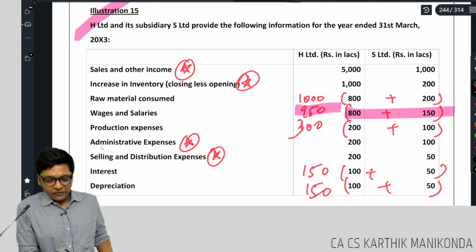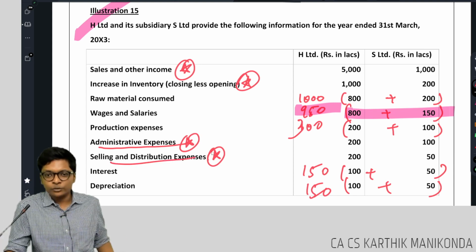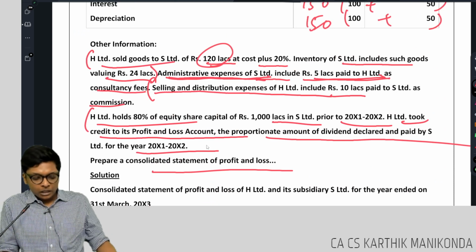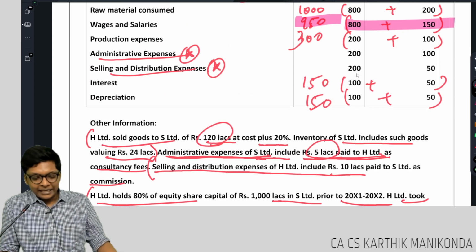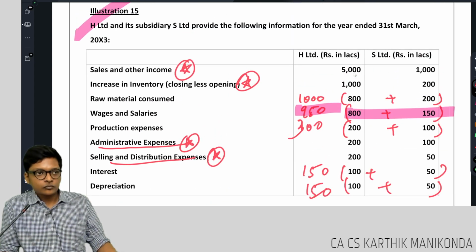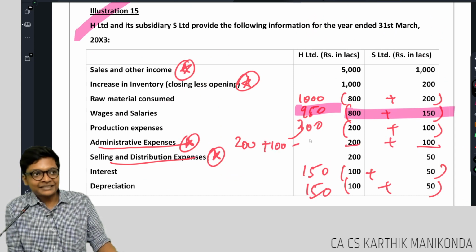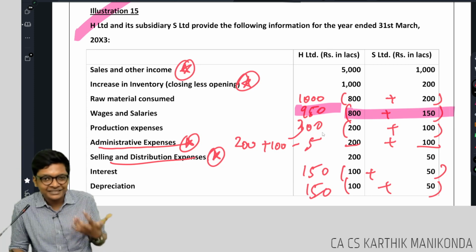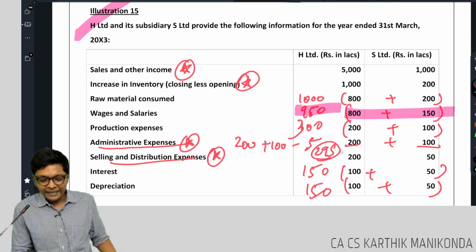Can you tell me what we have to do for admin expense? Let me come in reverse. Admin and selling and distribution expense. Can you guess? Admin expense include 5 lakhs paid to H. So what I should do? 200 plus 100 minus 5. That's it. Correct. I have to eliminate that expense. So it will become 295.